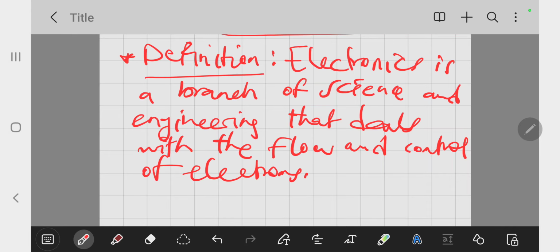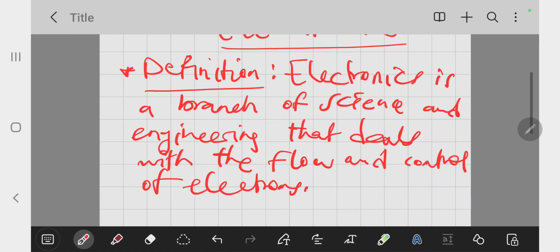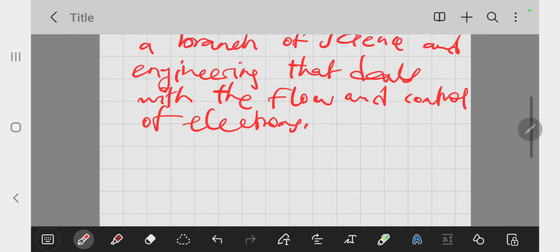This is by far the most complete definition of electronics. So electronics is a branch of science and engineering that deals with the flow and control of electrons.